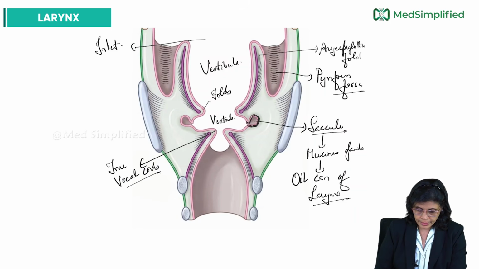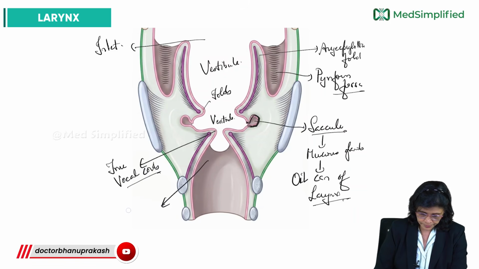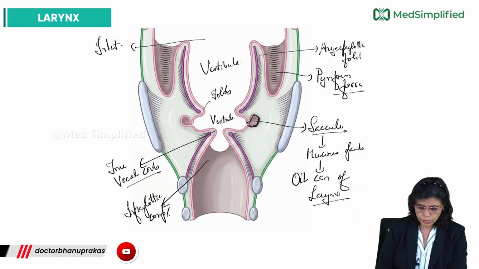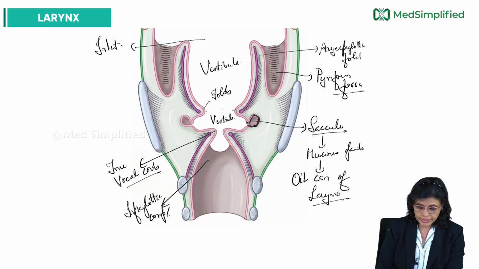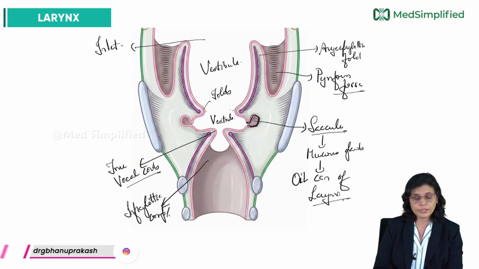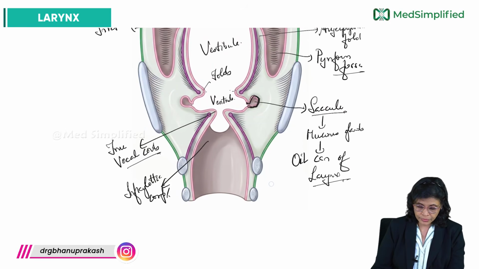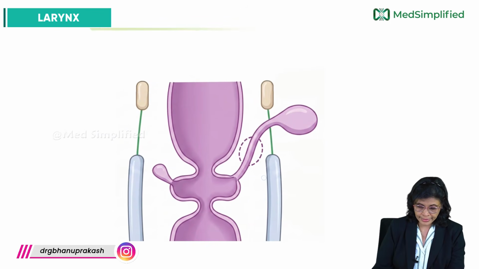Below that we have the infraglottic compartment. The space between the two vocal cords we call the rima glottidis, and this space we call the rima vestibuli. So that is about the interior of the larynx.